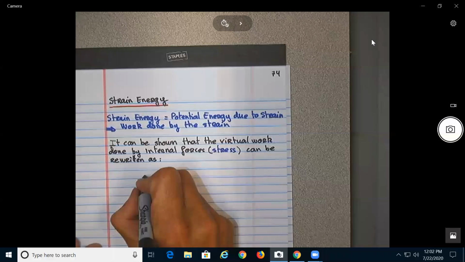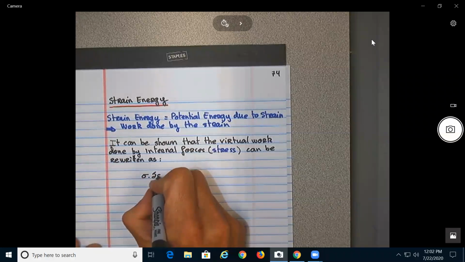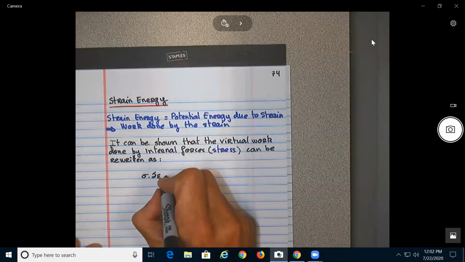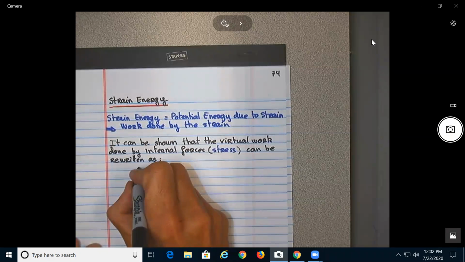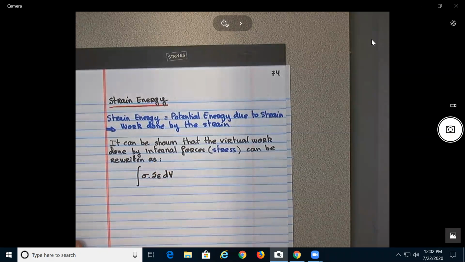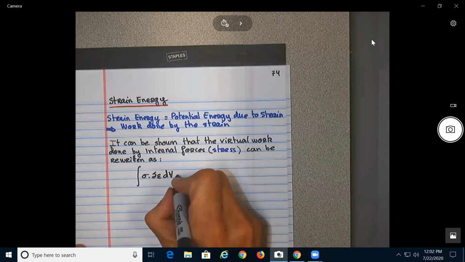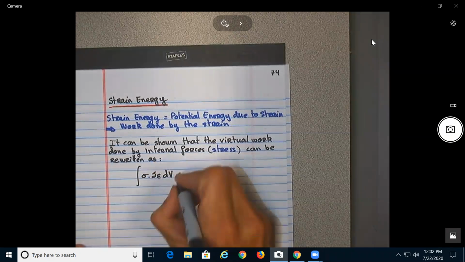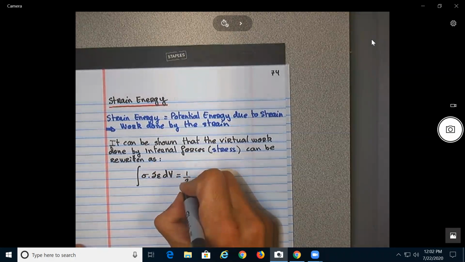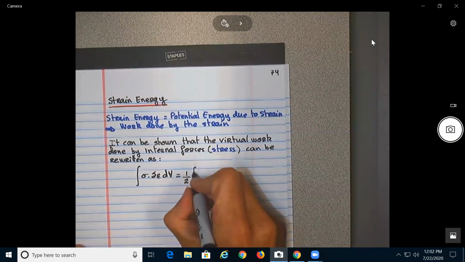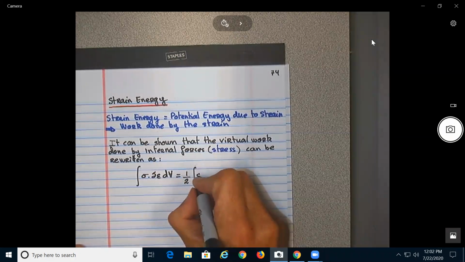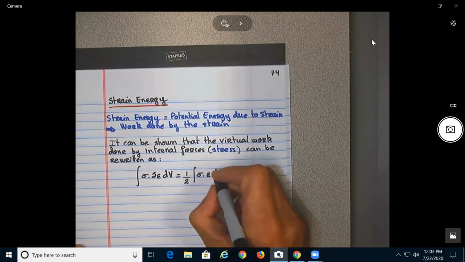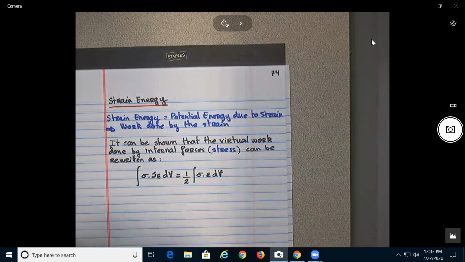So you have stress times strain dV, and this is going to be equal to 1/2 dV.